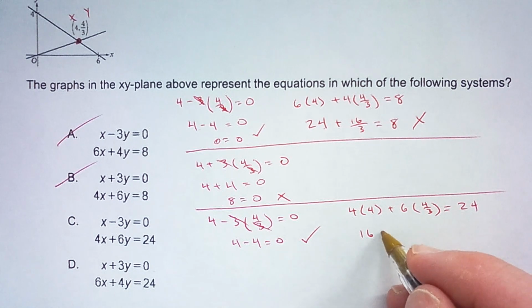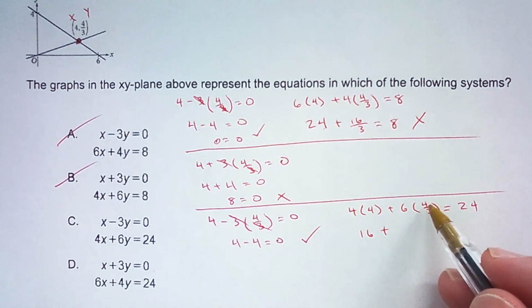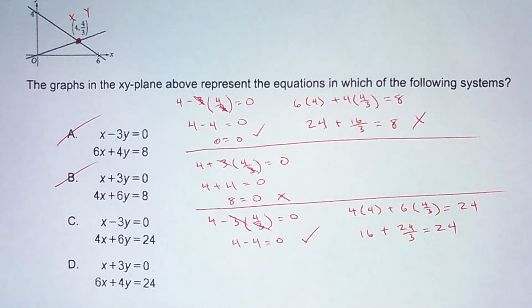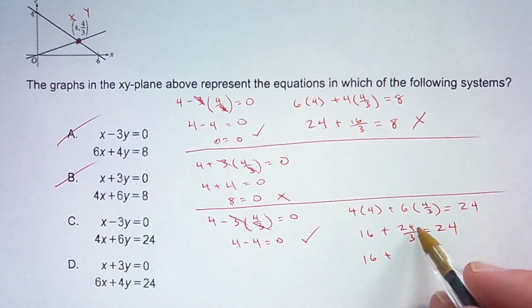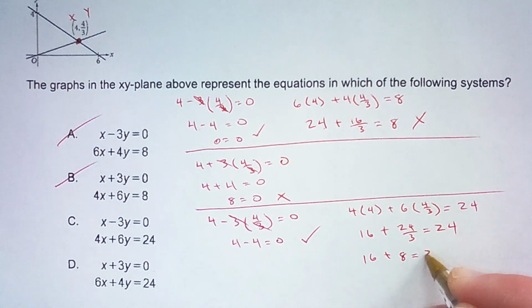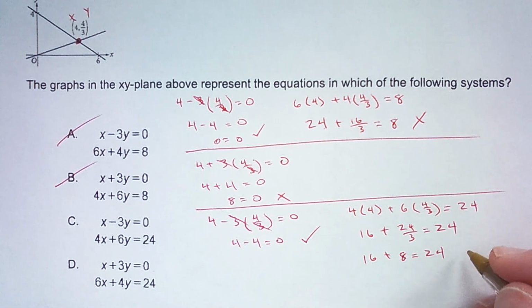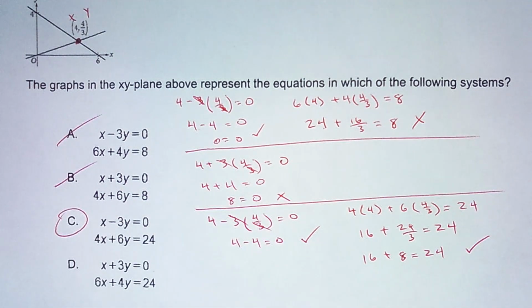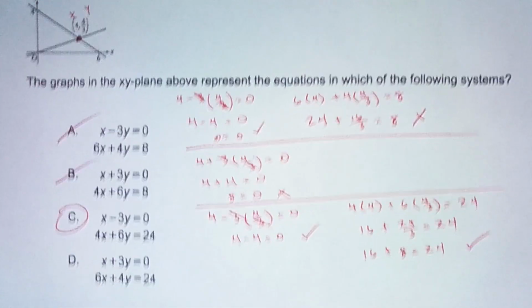So 4 times 4, that's 16, plus 6 times 4, 6, 12, 18, 24 thirds equals 24. So we've got 16 plus, and then 24 divided by 3, I think that's 8. Let's count by 8s, 8, 16, 24. So 24 divided by 3 is 8, and 16 plus 8 equals 24. That is true. So that solution, 4, 4/3, worked in both equations for C. So option C is my answer.